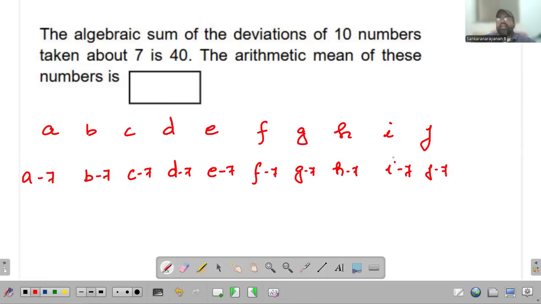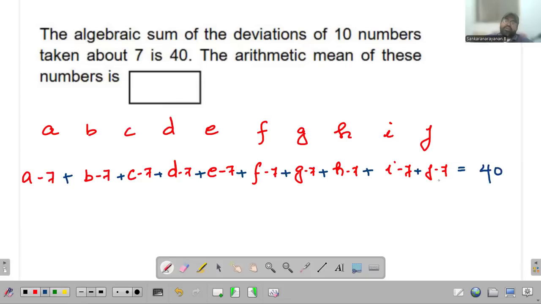The sum of these individual deviations of these numbers from 7 is given in the question as equal to 40.